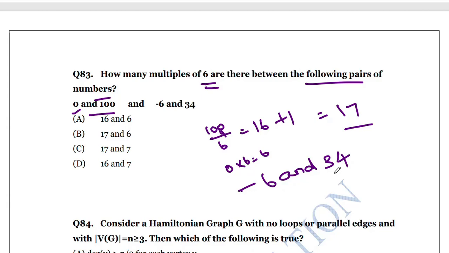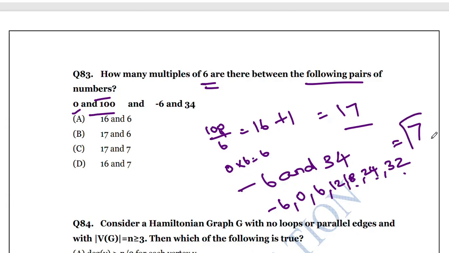Minus 6 is 1, 0 is 1, and 6, 12, 18, 24, 30, that is 7. So 7 multiples are there, and in the pair 0 and 100, 17 are there. So 17 and 7, option C is the correct answer.